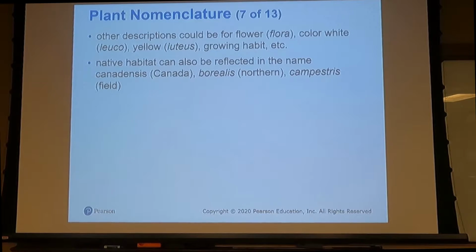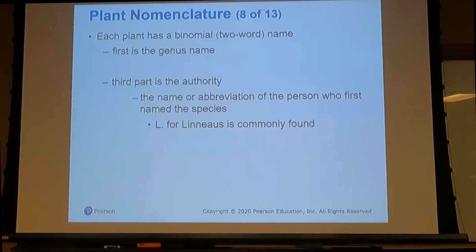Some of the native habitats, like canadensis, means it comes from Canada. Borealis could be from like a northern climate. So that binomial, the first name is the genus, second is the species, and then you may find this third part that is written as some abbreviation of who first found that species.